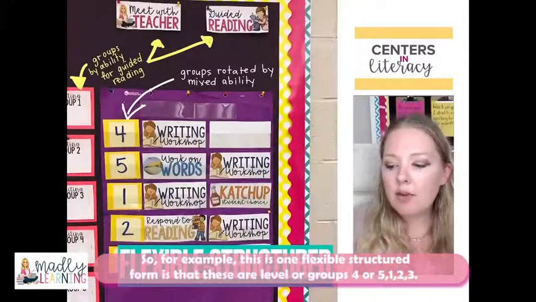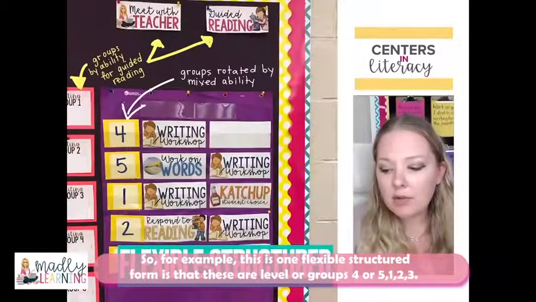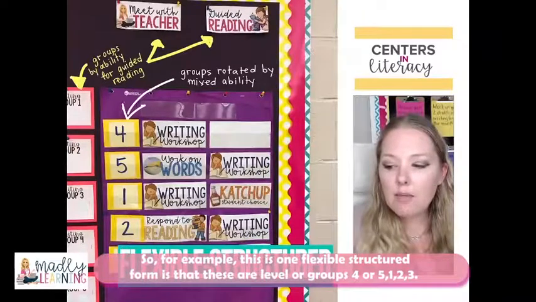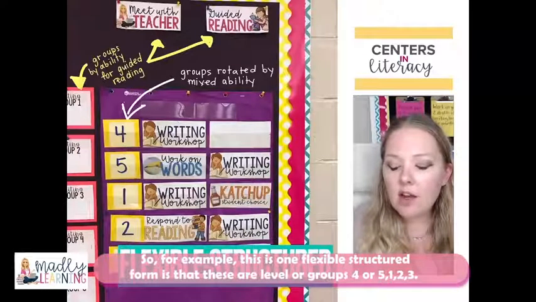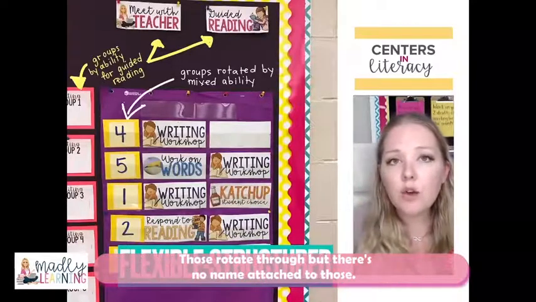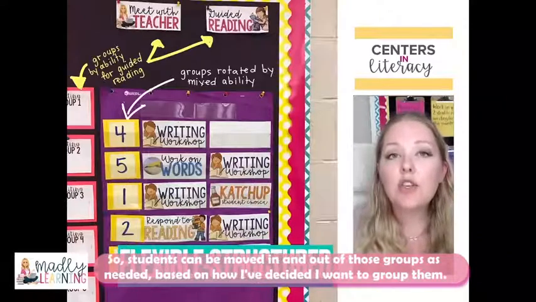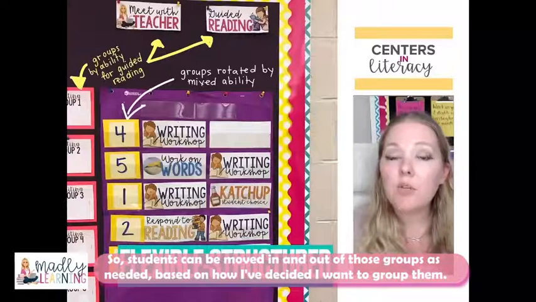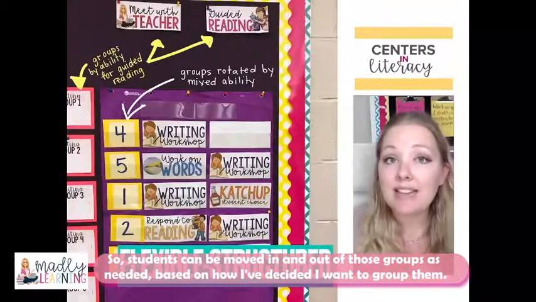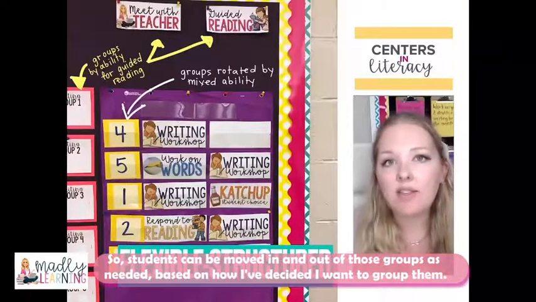For example, this is one flexible structured form: these are level or groups 4, 5, 1, 2, 3. Those rotate through, but there's no names attached to those. So students can be moved in and out of those groups as needed based on how I've decided I want to group them.